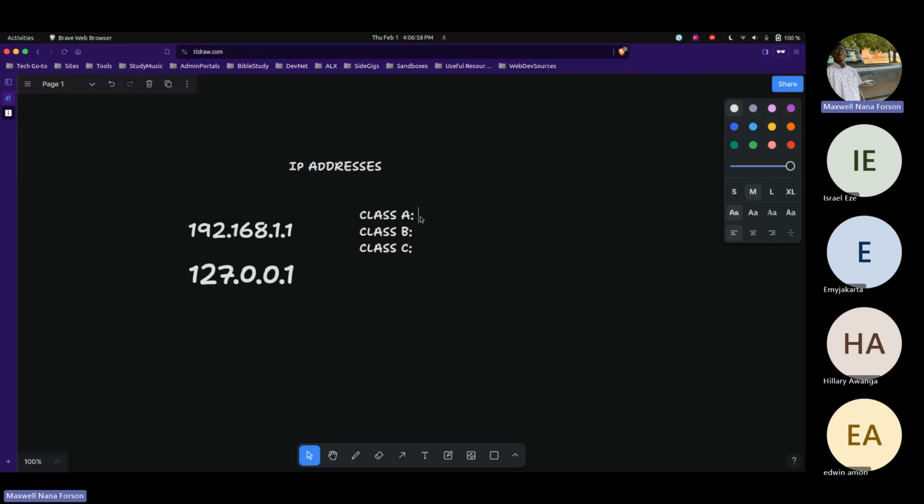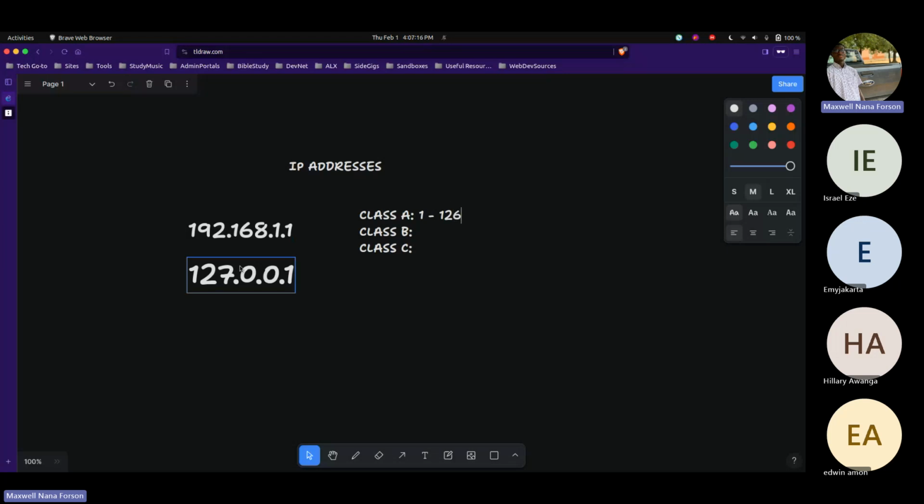With class A, the first octet starts anywhere from 1 till 126. In other documents you might see 127, but 127 is reserved for the loopback, so refrain from saying it goes up to that.